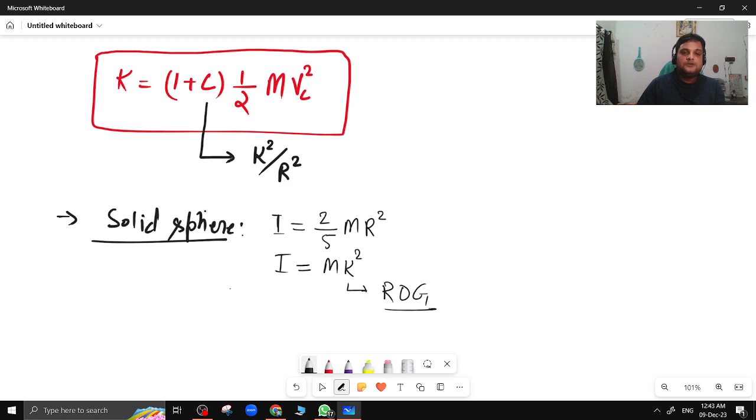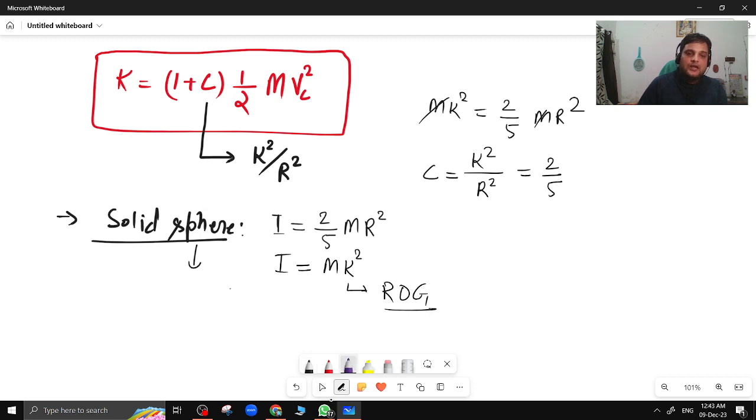When you compare m k square with 2 by 5 m r square, the mass cancels, and you get k square by r square equals 2 by 5. Because that is C, for a solid sphere the value of C is 2 by 5.